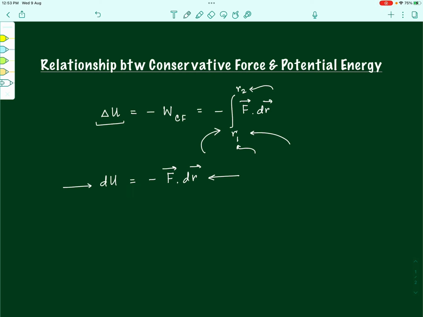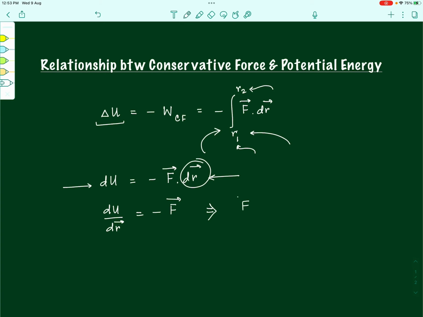Now, can we say that this equation can further be modified and can be written as dU by dr as minus of the force F? What we have done is we have just taken this dr down here in the denominator with dU. We shall see that this can be done. In fact, physically it has a certain significance.